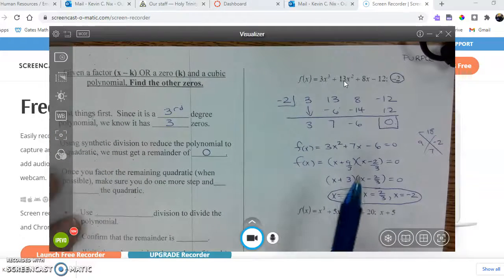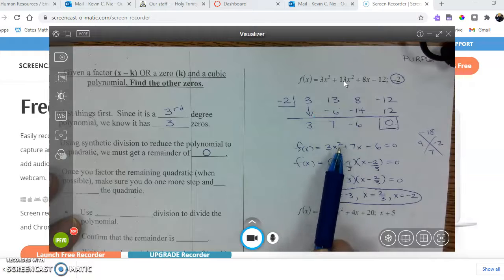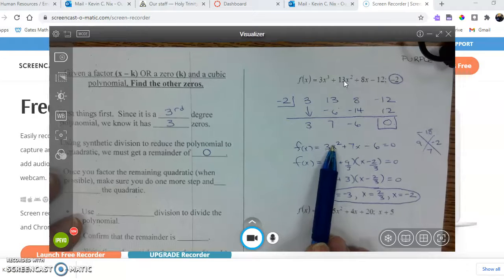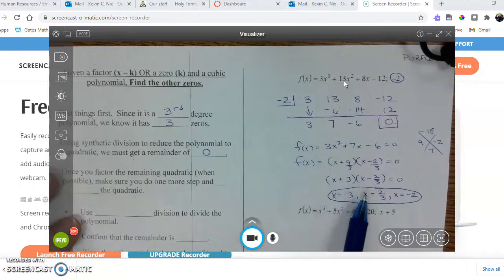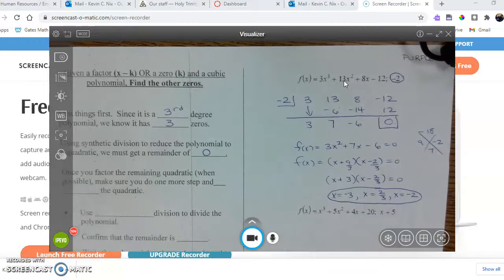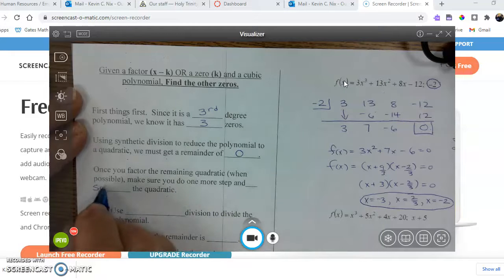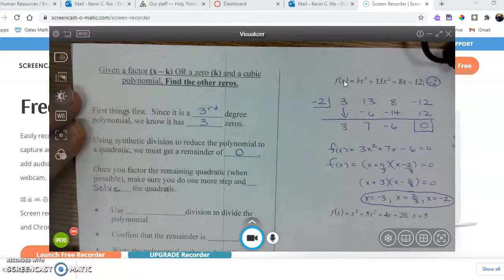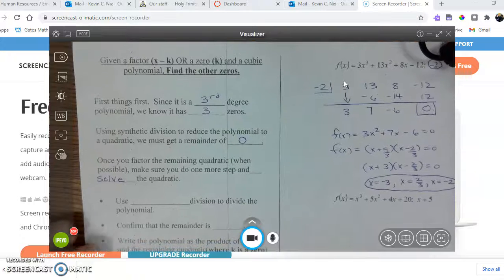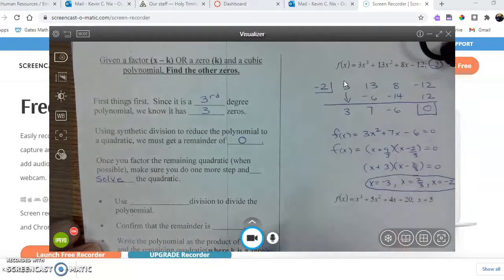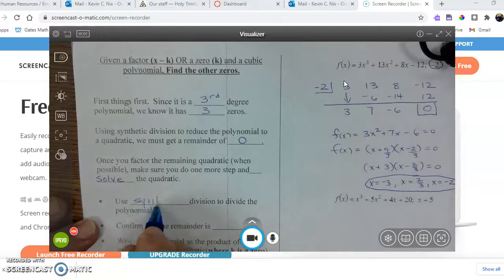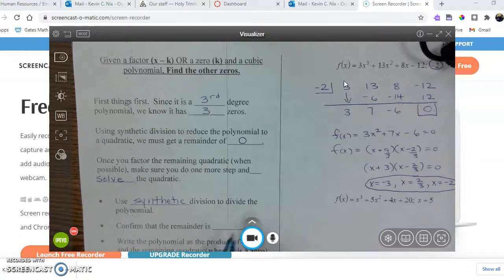I did synthetic division to reduce the polynomial down to a second degree, and then I factored it. If I can't factor it, I'm going to do the quadratic formula. So once you factor the remaining quadratic, make sure you do one more step and solve the quadratic. Don't just factor it, solve it. So what did we do for this problem? We used synthetic division to divide the polynomial.